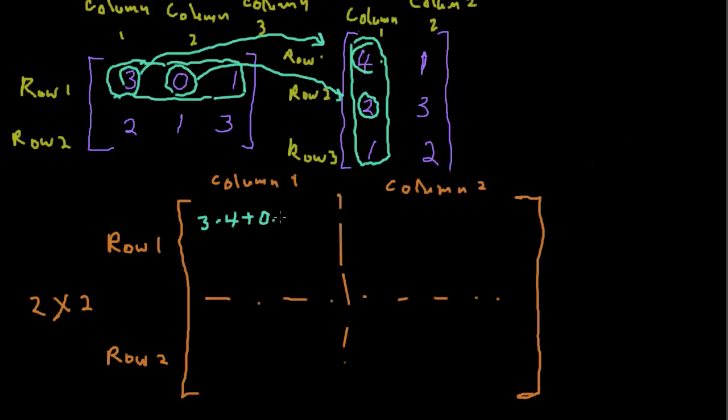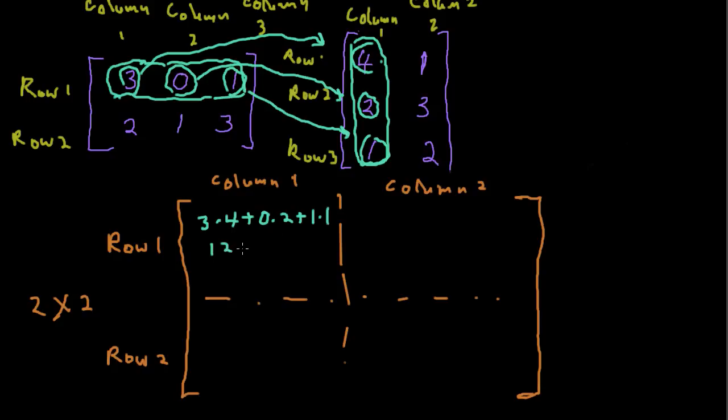So we're going to add 0 times 2. And then finally, we're going to multiply the third entry, which is 1 in this case, times the third entry in the column. So that will be 1 times 1, and we add all those three together.